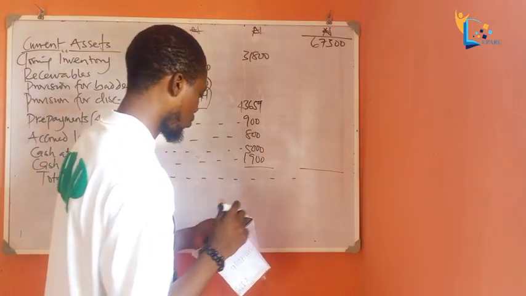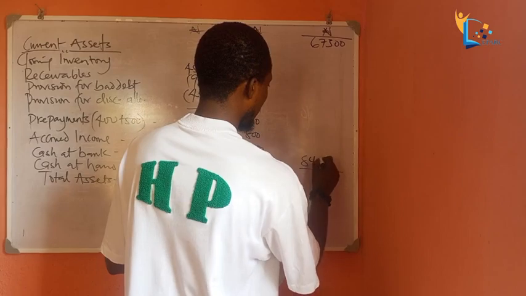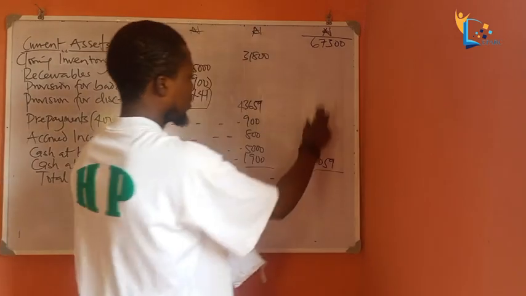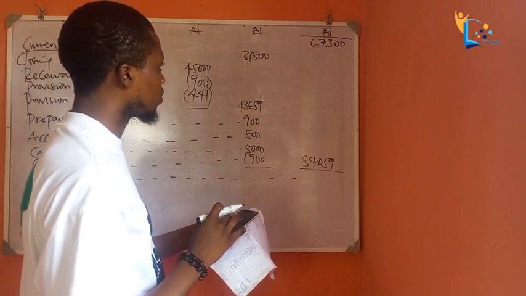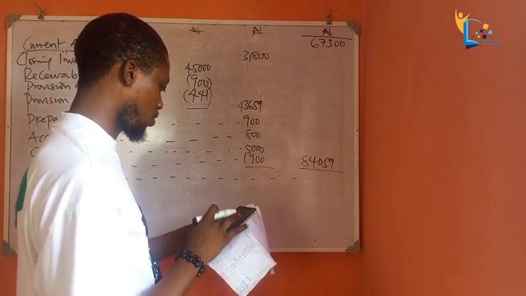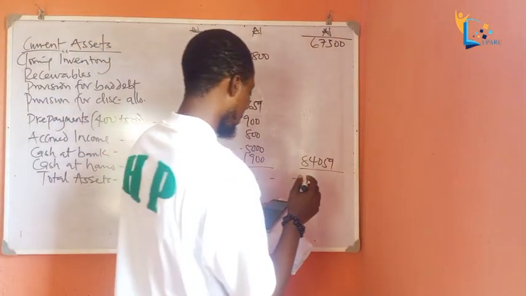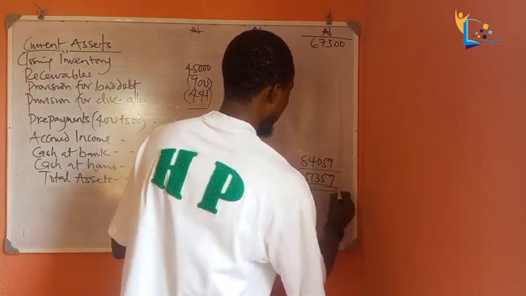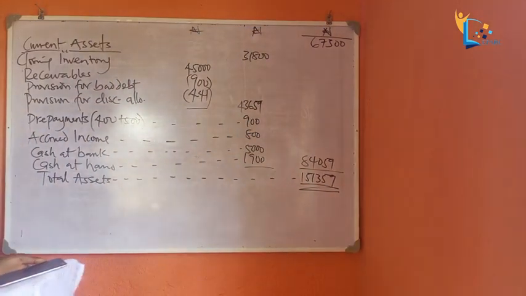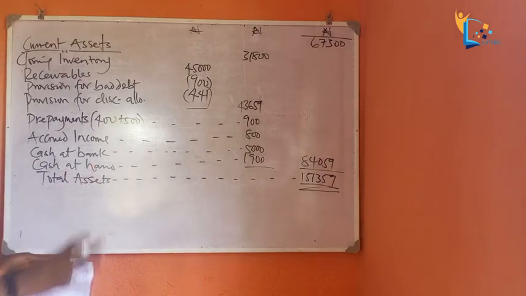That's 84,059. So add it to this, plus 67,300, which gives 151,359. These are our net assets. Are we together?